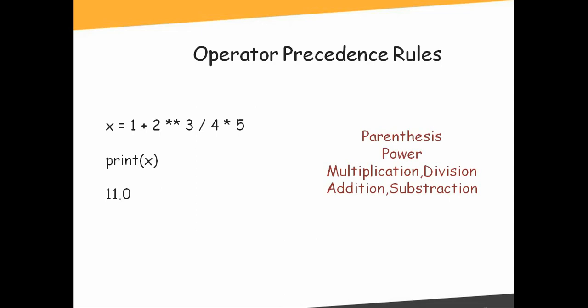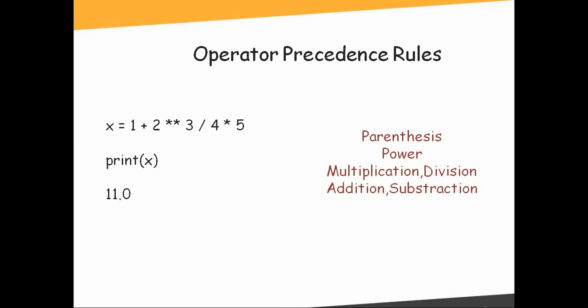So here we have x equal to 1 plus 2 double asterisk 3, and then slash 4, and then asterisk 5. That means 1 addition and then 2, and this double asterisk symbol is for the power operation. That means 2 power 3 here, and then divided by 4, and then multiplied by 5.